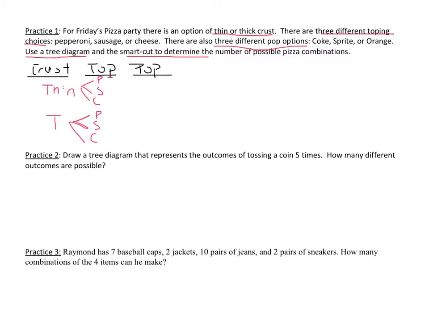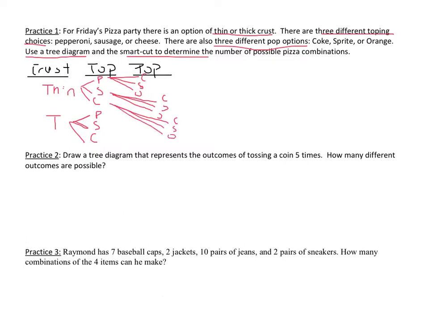So we're going to have to kind of fit this, right? We have Coke, Sprite, or orange. And then if we have a thin pizza with sausage, and I'm going to do this one over here, we have Coke, Sprite, or orange. With a thin pizza with cheese, we have Coke, Sprite, or orange.